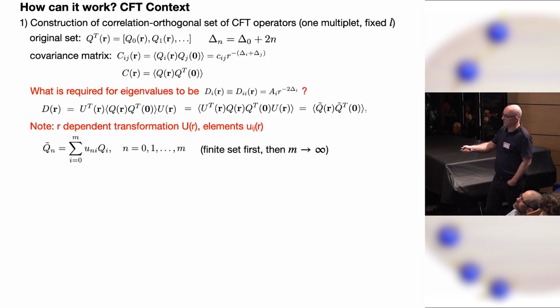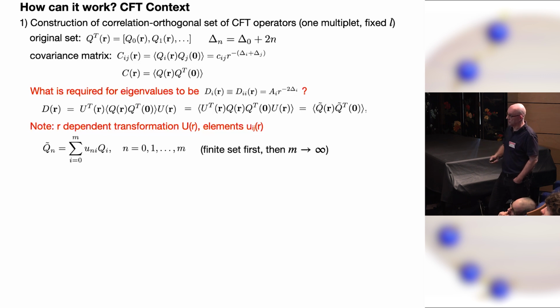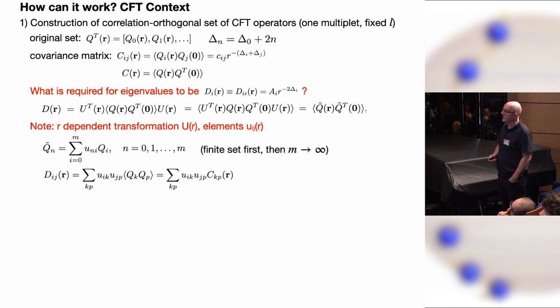So if I just look at a finite set of them, and eventually I can take the set going to the whole set here, but if I just look at a finite one, which maybe is more practical to work with, then this U transformation has some matrix element U_Ni, operator N, and then it mixes all these different original operators here.